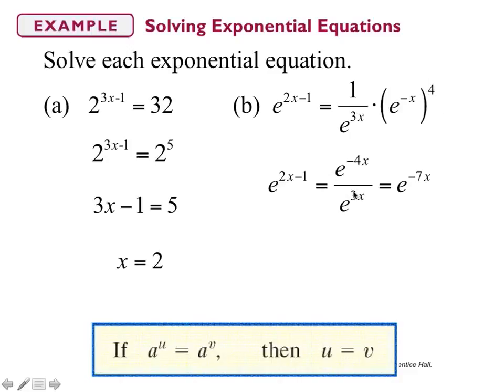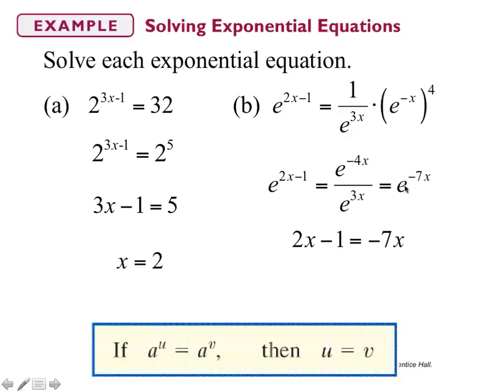So that's this right here, divided by e to the 3x. And whenever you have division and you have the same bases, you can actually just subtract these two things. So we have negative 4x minus 3x, and that'll give you negative 7x. So we have e to the 2x minus 1 equals e to the negative 7x power.